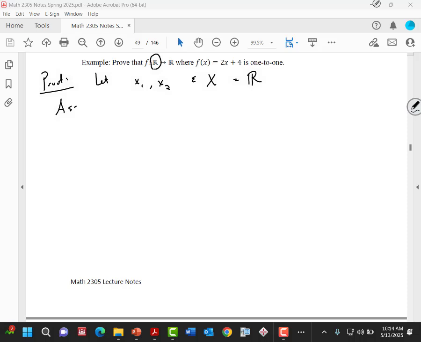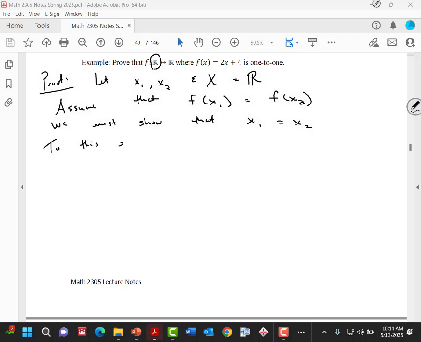Now, I get to assume that f evaluated at x1 equals f evaluated at x2. We now must show that this forces x1 to equal x2.